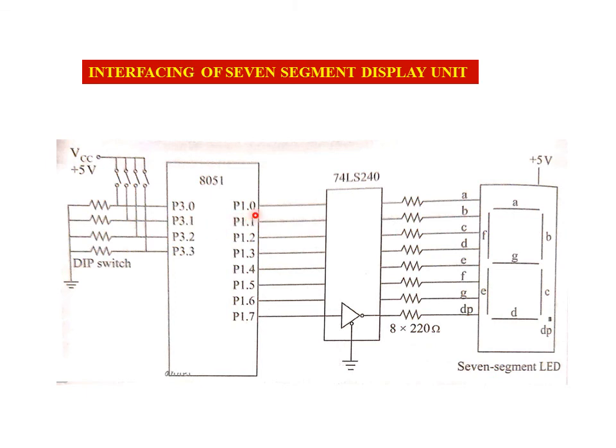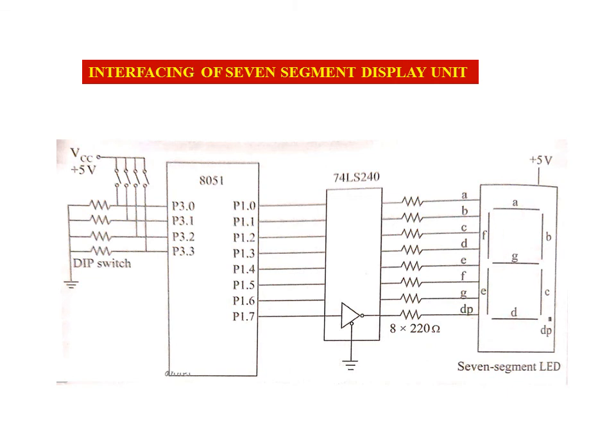Now those output pins are connected to a driver inverter circuit, and that driver inverter circuit is used to connect the LED segments. How many LED segments? 7 LED segments, A, B, C, D, E, F, G, and one more decimal point used to display the decimal data.